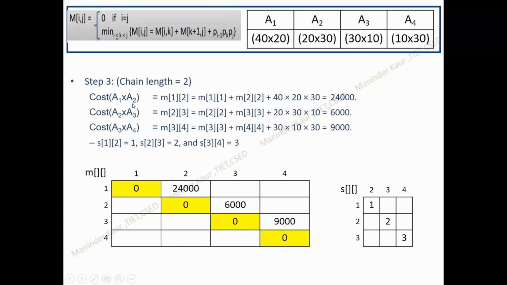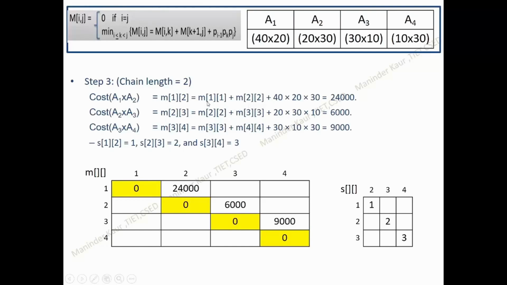Now, if you are multiplying A1 and A2, what is the final cost? What is the number of multiplications involved in multiplying these two matrices? That is equal to M12. M12 means the cost of multiplying the matrices from A1 till A2. That is equal to M11, using this formula with k equal to 1, M11 plus M22.